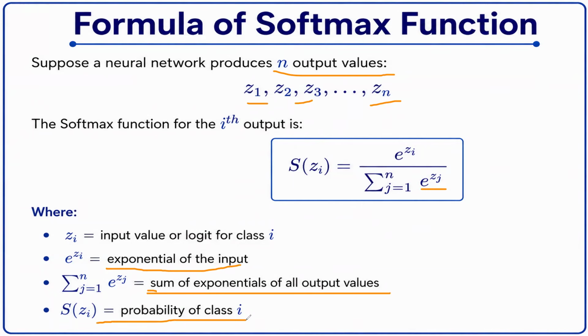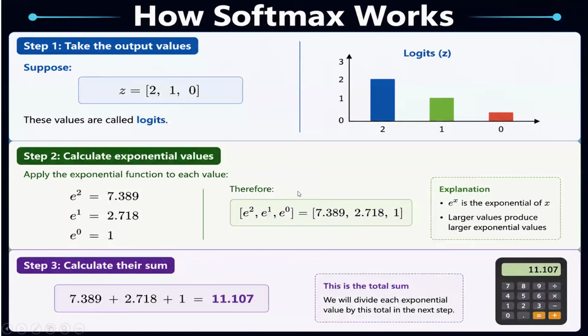S of Zi is the probability of class i. This is how we use the formula of the softmax activation function.